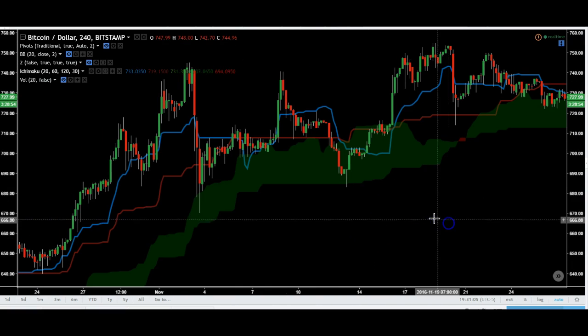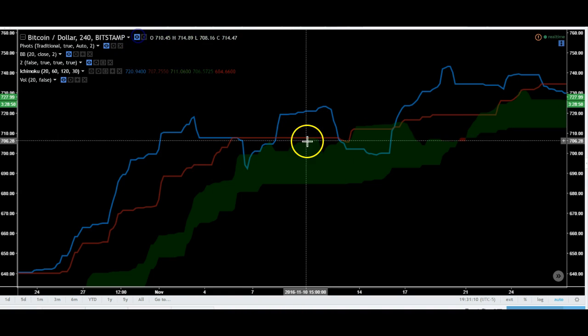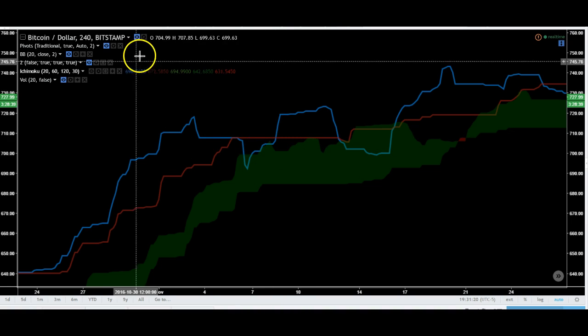If we zoom into this stuff here on the 4-hour, this right here was the US presidential election. And you can see in a vacuum, technically speaking, a very strong entry signal, TK cross above the cloud.